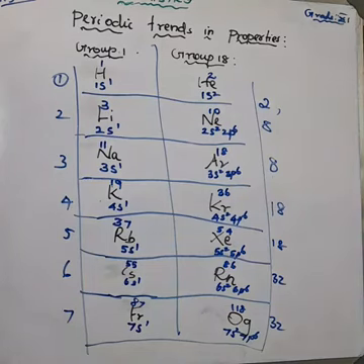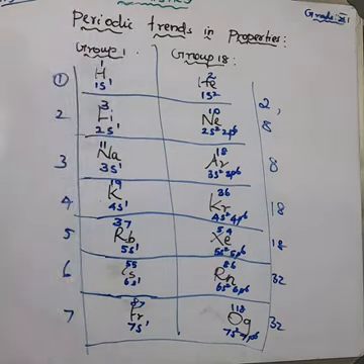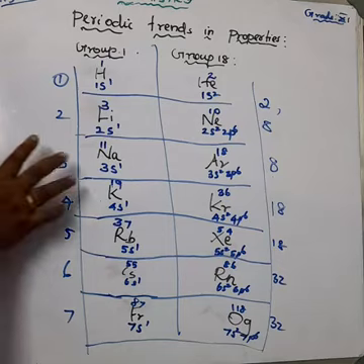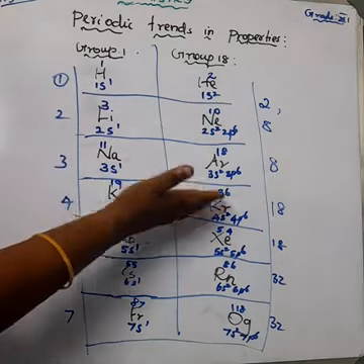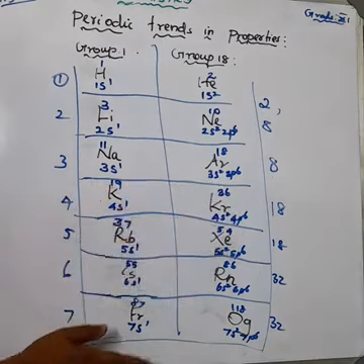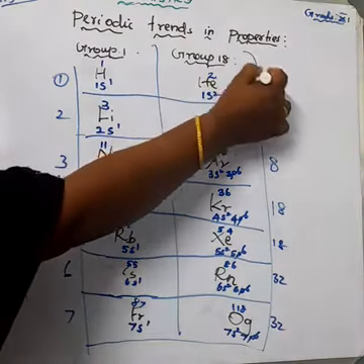Here, the word periodic: we're going to study about periodic trends in properties. Here the word periodic means that with the rise of atomic number of the elements in the same period or group, there is a gradual variation in a particular property of the element.